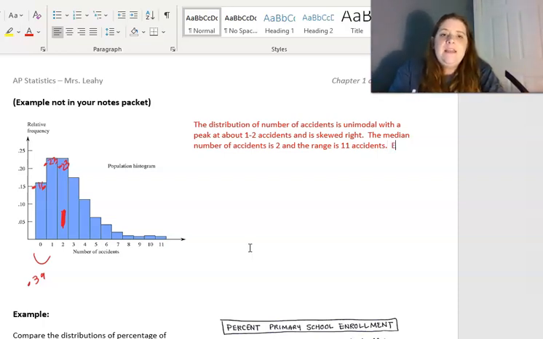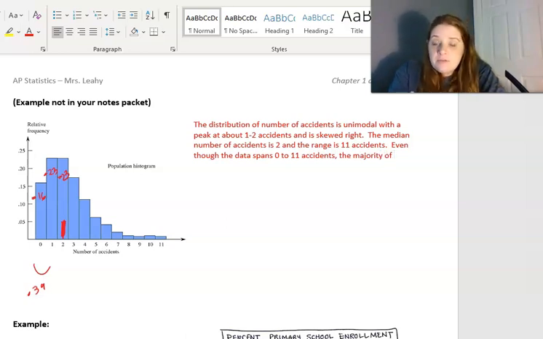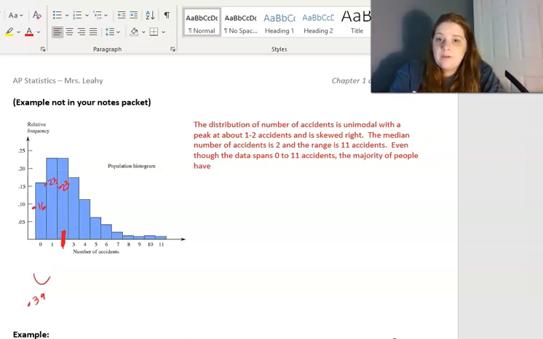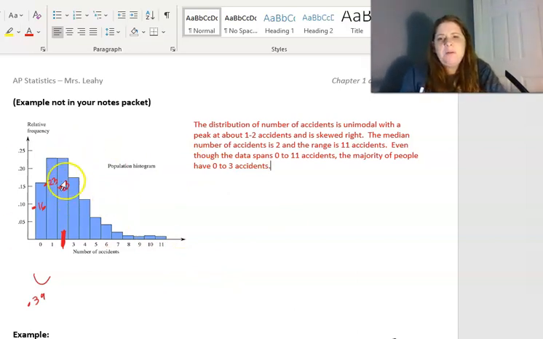So you might say, even though the data spans 0 to 11 accidents, the majority of people have 0 to 3 accidents. Maybe that's not necessary, but that kind of gives us a little bit of what this is actually saying. Well, most people have 0 to 3, and there's some people that have had a lot of accidents in this case. Okay.